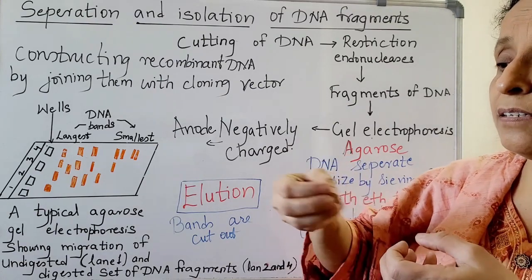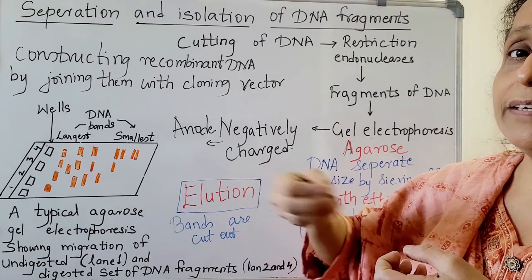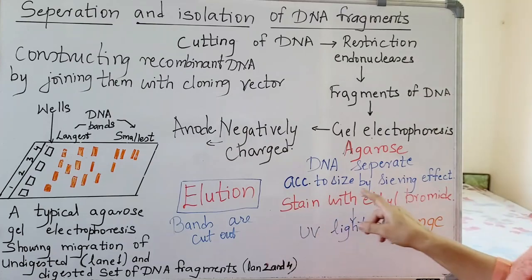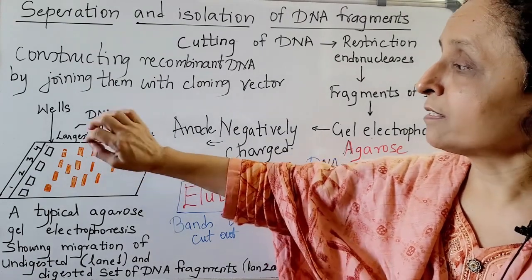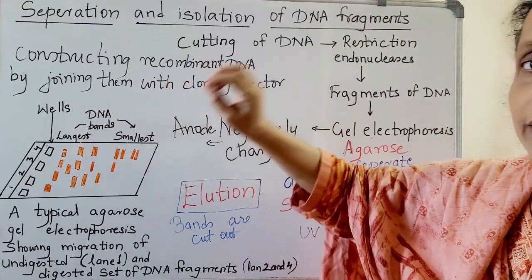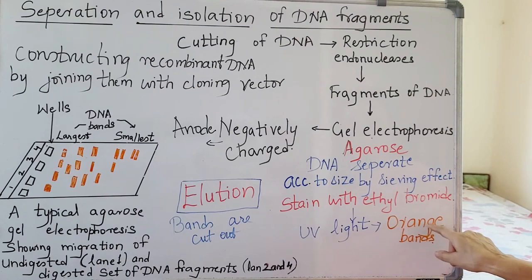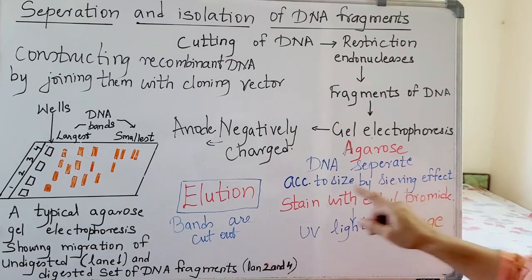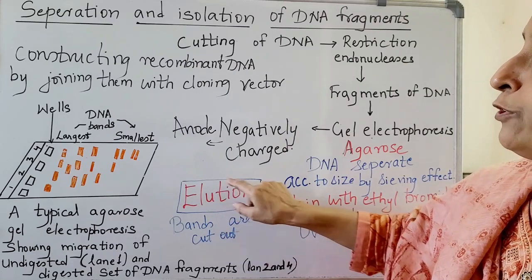Sieving is that the small particles will move wherever they find the space. So that is the sieving effect. They are stained with ethidium bromide, and when you put UV light, you get orange bands. And these bands are cut out. That process is known as elution.